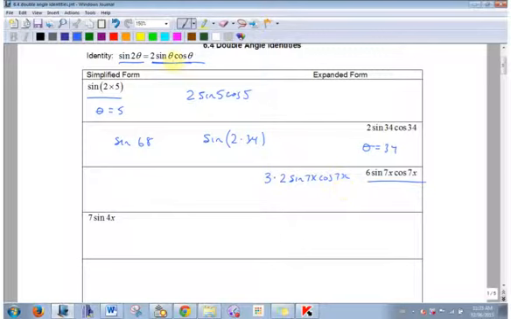Theta here is 7x. So now I can write that in this form. The only difference is I got this funny thing sitting out front called a 3. Sine 2 times theta is 7x. And I can join those. That's 3 sine 14x.